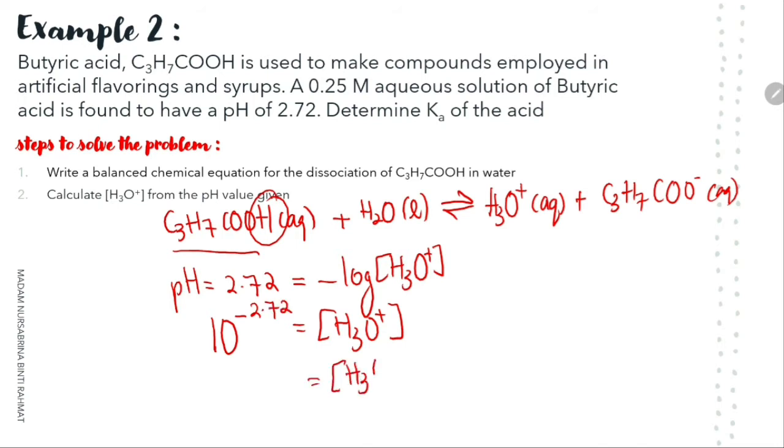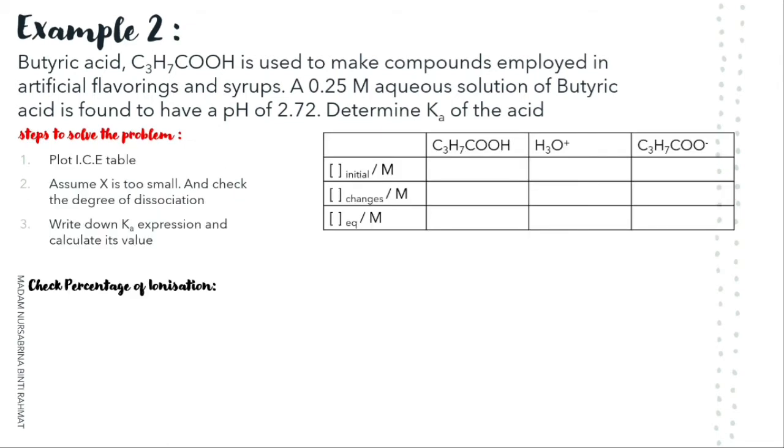From here, you will get the concentration of H3O plus, which is 1.905 times 10 to the minus 3 molar. This H3O plus concentration you will use to calculate the Ka expression afterwards.